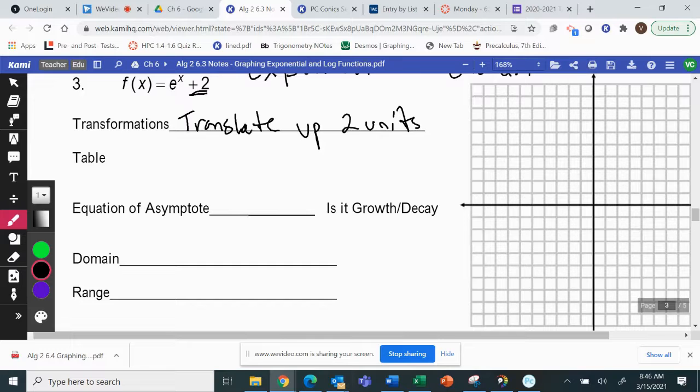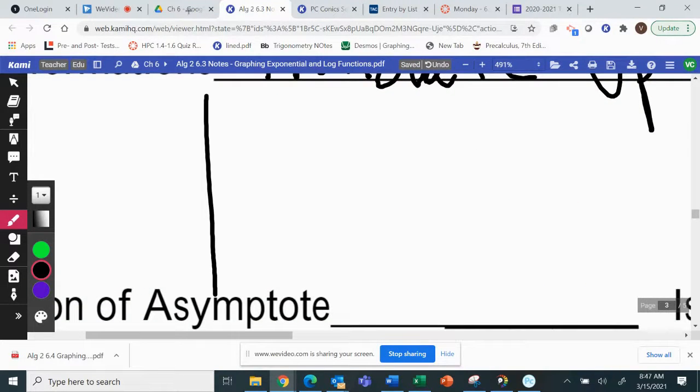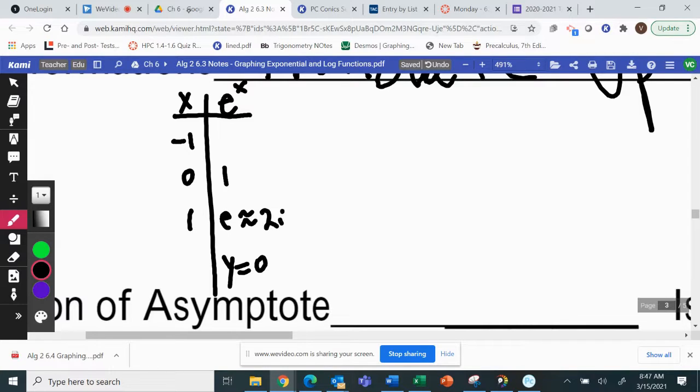Okay, so I'm going to zoom really far in to make my table. Since this is exponential, I'm going to go -1, 0, 1, y equals 0. It's e. When we plug in 0, anything to the 0 power is 1. When I plug in 1, I get e, which is about 2.7.